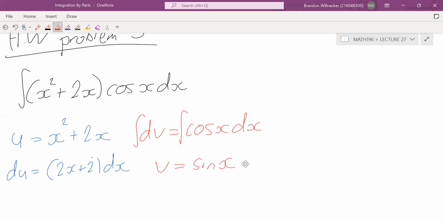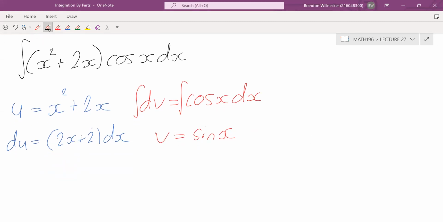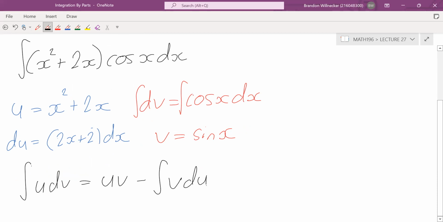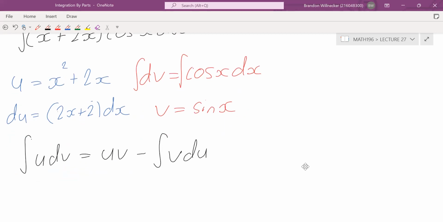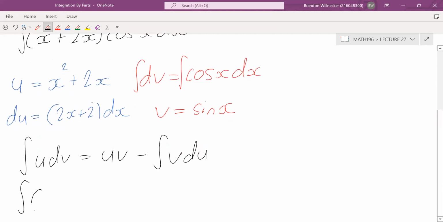Okay, so we've got du and v, which is what we need because we need to substitute these 4 things into our formula. So the integral of u dv is equal to uv minus the integral of v du. Okay, so we just plug in everything. So the integral of u dv, that's what we're trying to find, that is (x squared plus 2x) cos x dx, is equal to u times v.